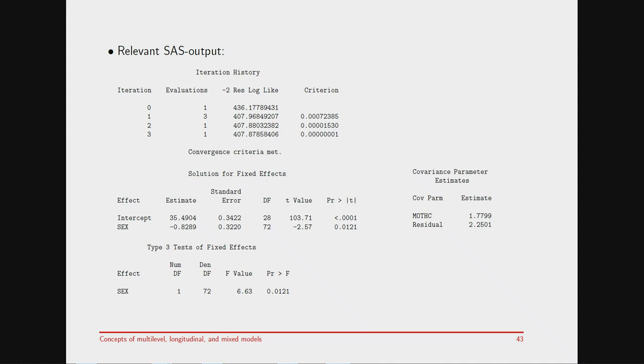Well, the residual variability is 2.25. And then below here, you always still have an overview table with tests for the fixed effects, but of course here that's the same p-value that we obtain because it's just that same gender effect.